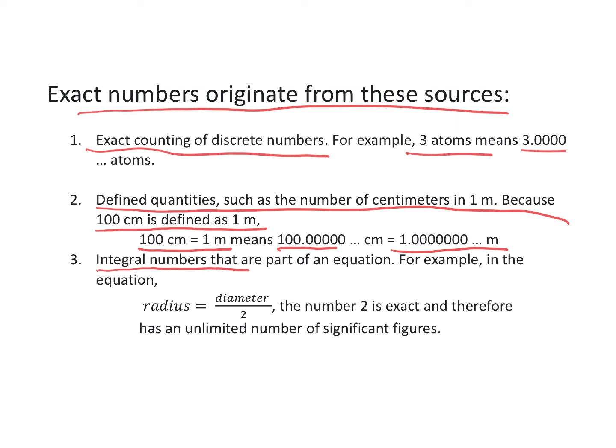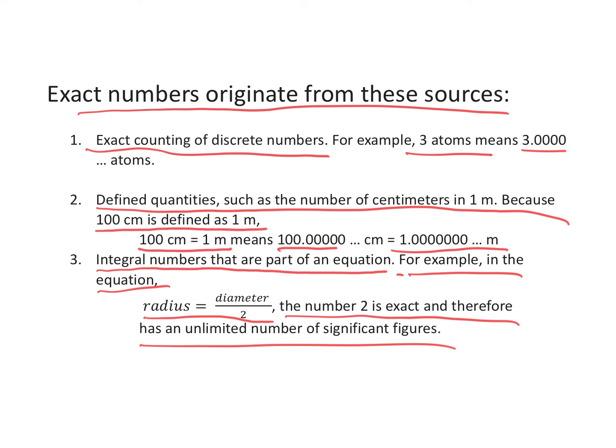Integral numbers that are part of an equation. For example, in the equation radius equals diameter over 2, the number 2 is exact and therefore has an unlimited number of significant figures. And then this is another question that was giving students headaches last semester. Exact numbers originate from all these sources except: exact counting of discrete numbers, defined quantities, integral numbers that are part of an equation, measured quantities.